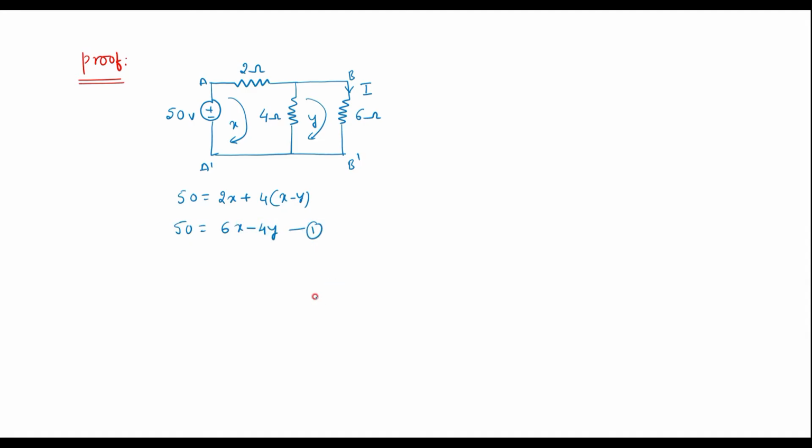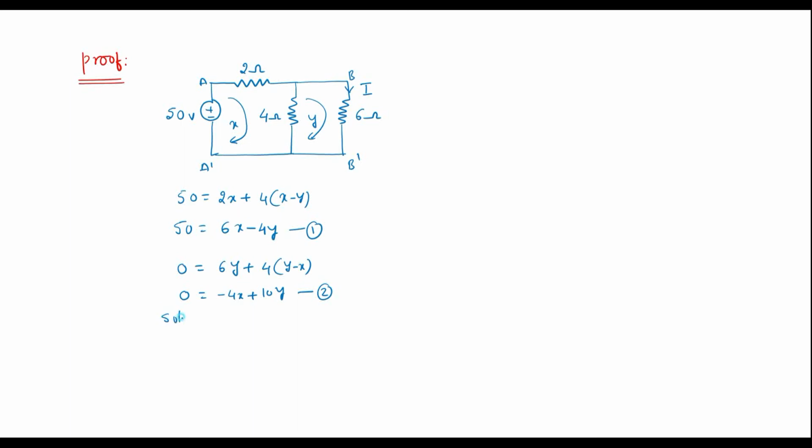We'll call it as equation 1. Similarly, we'll apply KVL to loop Y. I can write 0 is equal to voltage across 6 ohm resistor is 6Y plus voltage across 4 ohm resistor is 4 of Y minus X. Simplifying this, 0 is equal to minus 4X plus 10Y. We'll call it as equation 2.